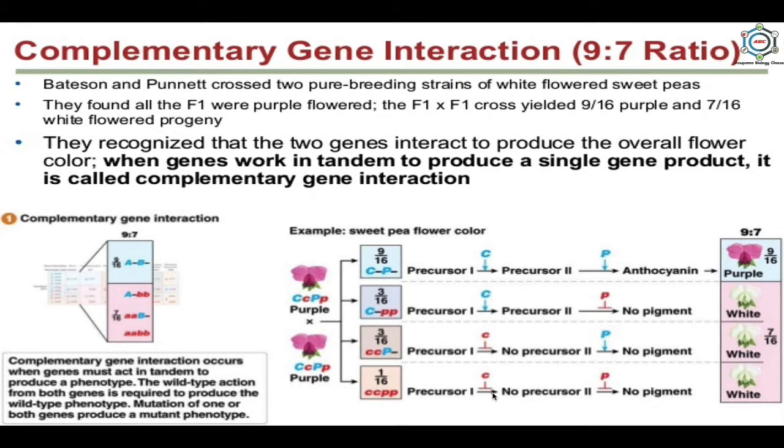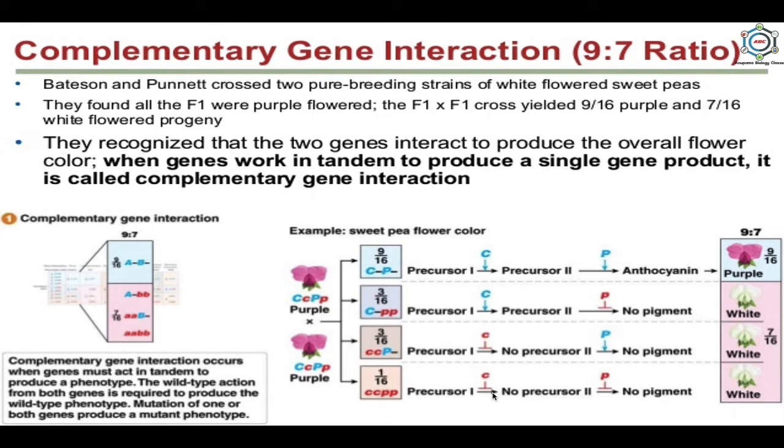Here, the extracts of white flowers of the two parents having different dominant genes appear colorless when kept separately, but when mixed together, purple flower color develops. This shows that the products of gene capital C and capital P are able to interact complementarily even in the test tube.